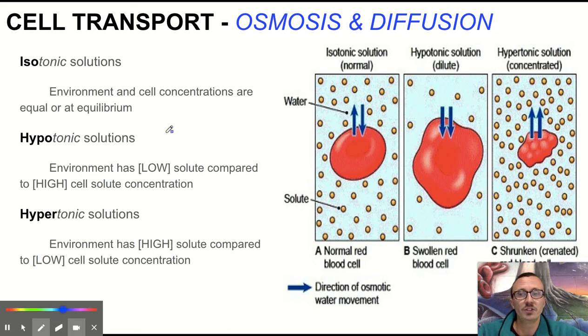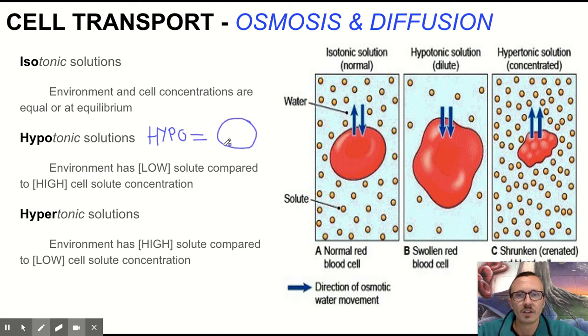There are lots of ways to think about this, but the easiest way I have come up with is, when we place a cell in a hypotonic solution, it makes me think of a hippo. I know I'm not an artist, but we've got our big swollen hippo here. So hypo, hippo, makes me think of a big swollen puffy hippo.